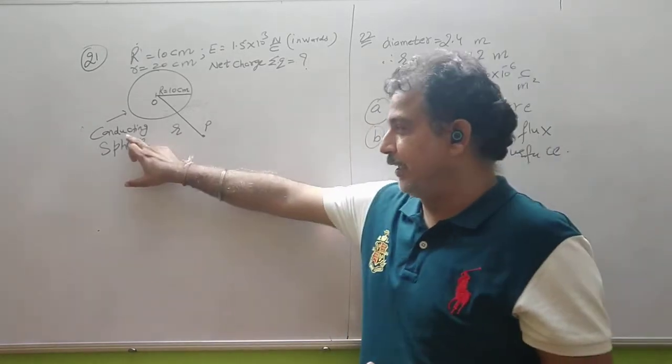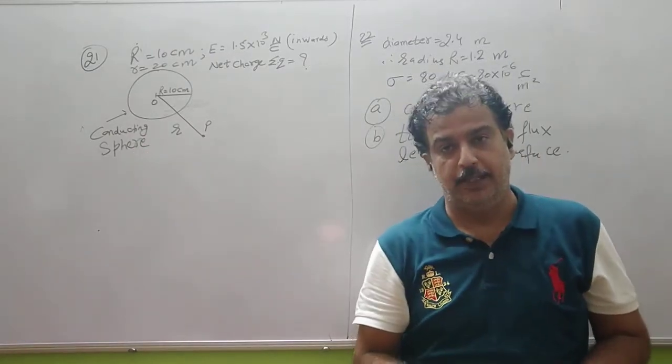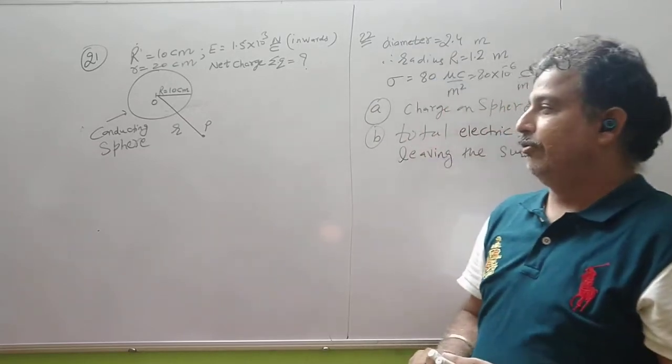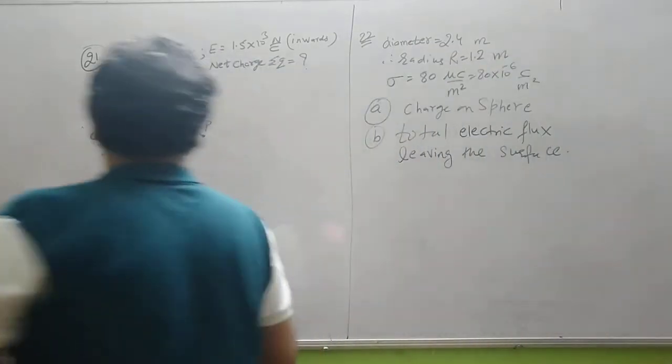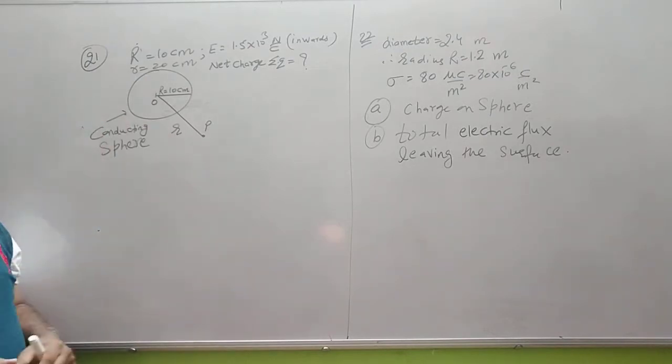If we have a conducting sphere, the derivation remains the same as that of a hollow sphere. And if you remember, for outside, the electric field intensity was kq upon small r square.